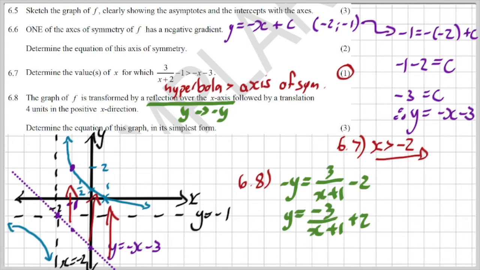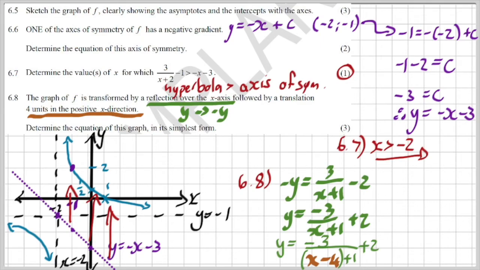Then it says it is followed by a translation of 4 units in the positive direction. Okay? Positive x direction. So in other words, to the right. Remember, when we are translating left and right, it's always, for me, opposite of logic. Okay? So my mind says in the positive, so it must be plus, but actually it is subtracting 4 from the x.